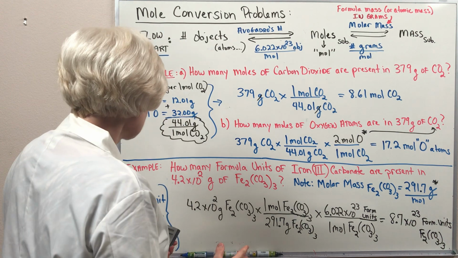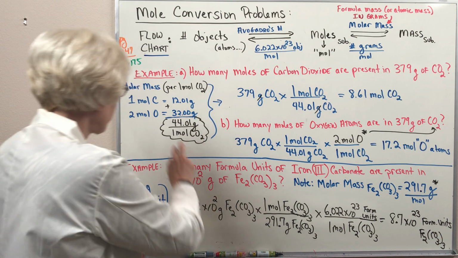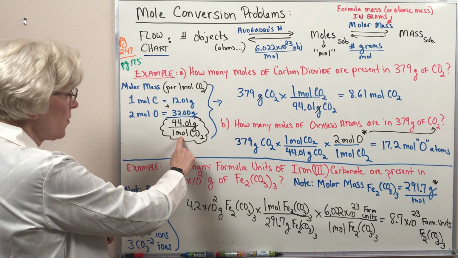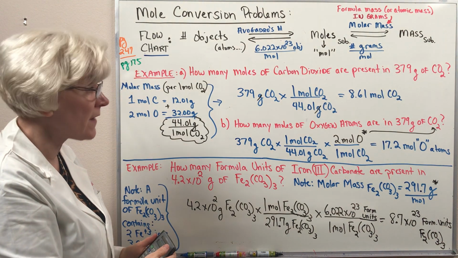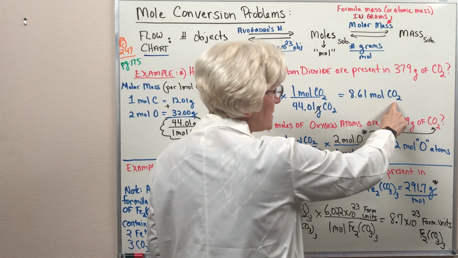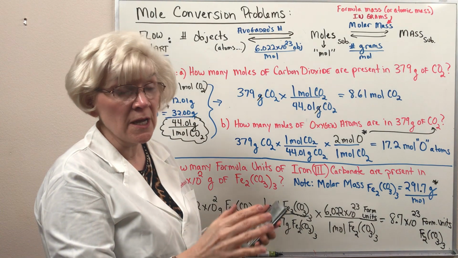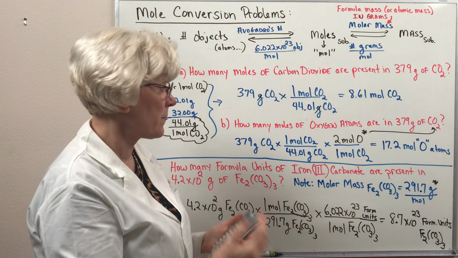Well, I can see from the formula CO2 and from how I calculated the molar mass that 1 mole of carbon dioxide must have 2 moles of oxygen in it. In other words, the formula itself gives us mole-to-mole relationships between the elements and the compound that they are a part of.